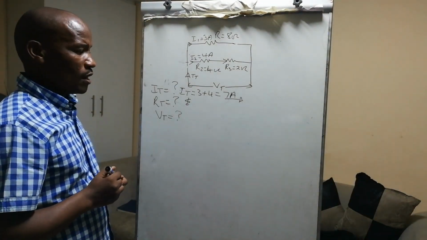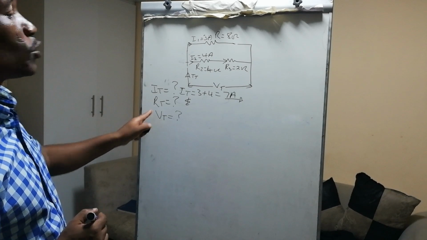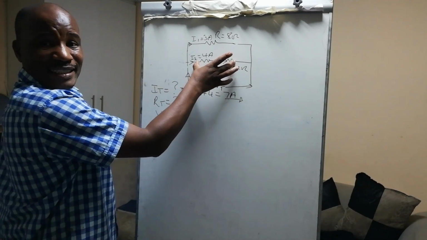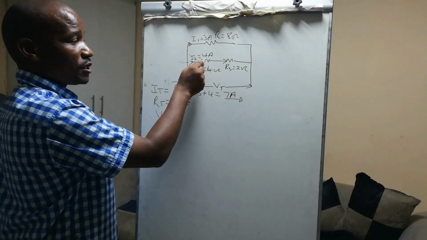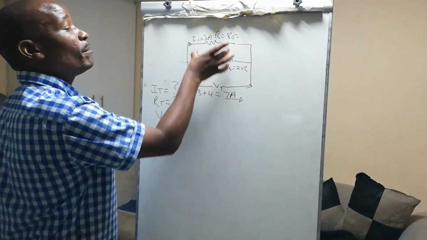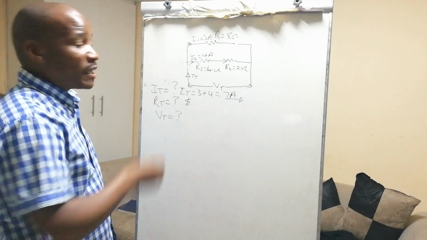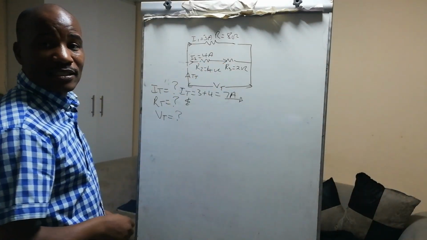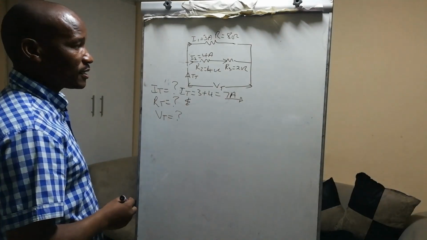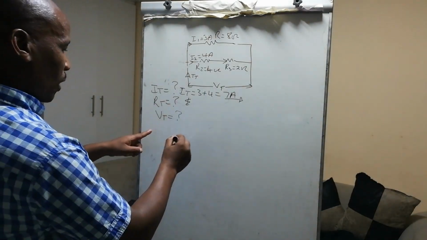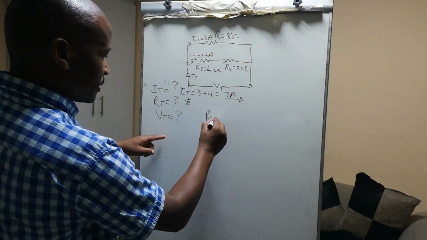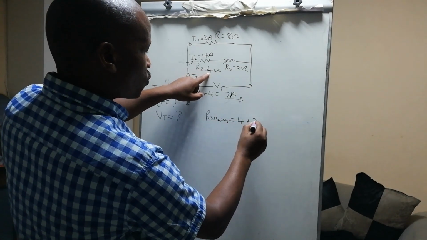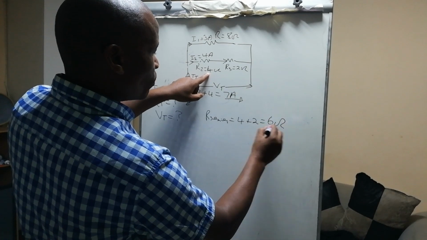Right. They say calculate the total resistance of the circuit. These two are in series, this one and this one. But they are in parallel with that one. Let's first calculate the total resistance for the series connection. R series is equal to 4 plus 2, which is equal to 6 ohm.